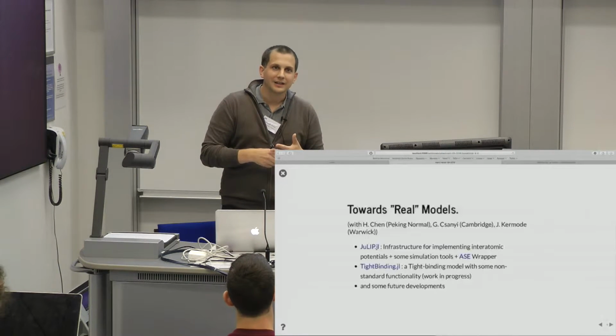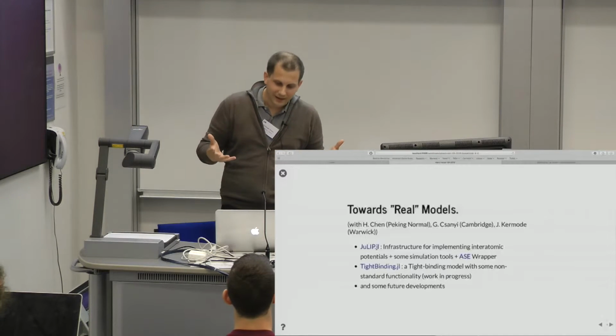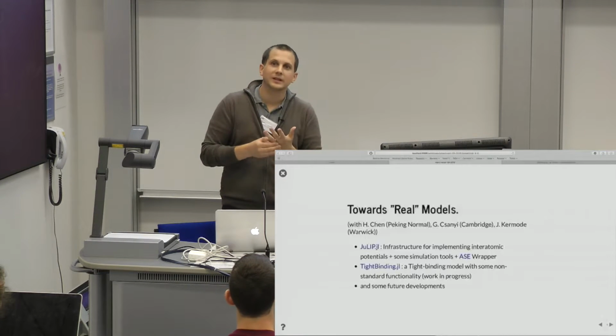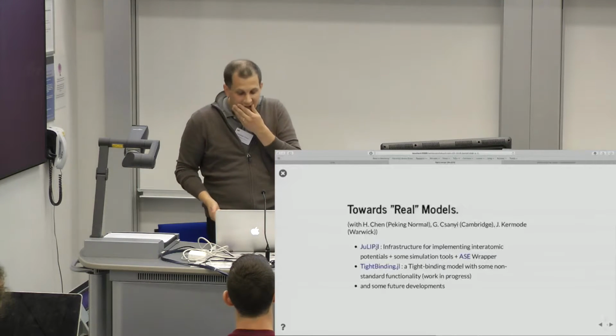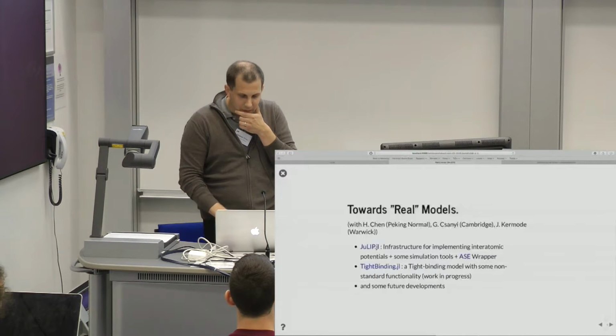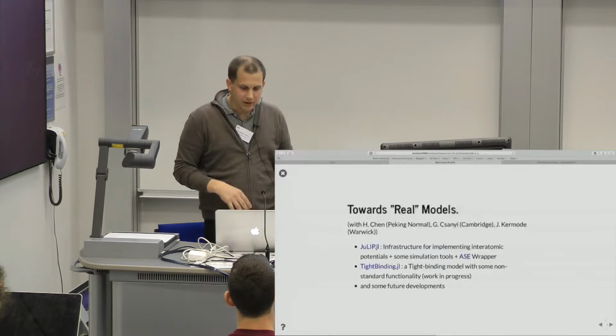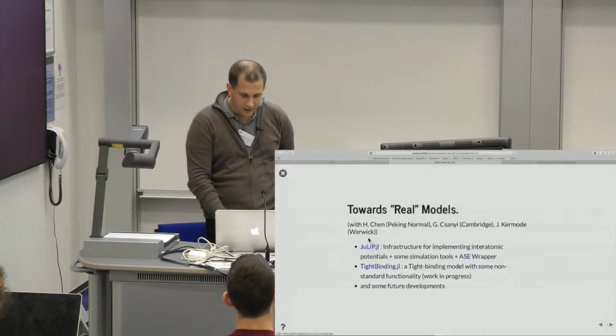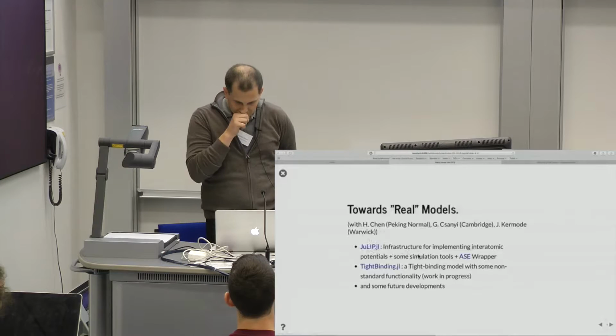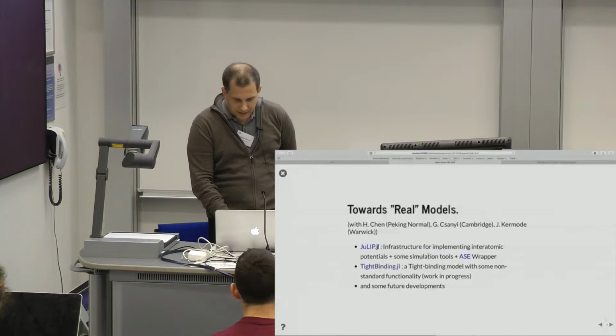So writing code in Julia was fun, but the real opportunity that came with it is what I want to talk about now. Over the past 2 years, very slowly over time, and then much more over the past few months, I've been developing this package called JuLib, Julia Library for Interatomic Potentials, and a few others, but that's the main one.